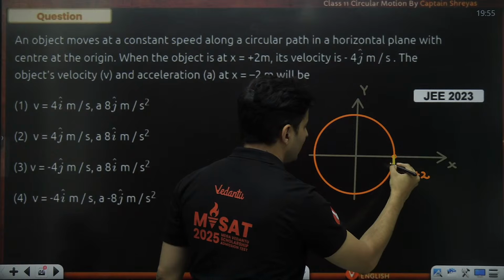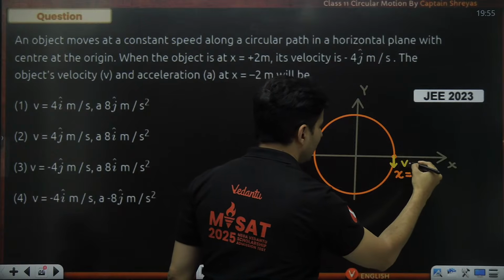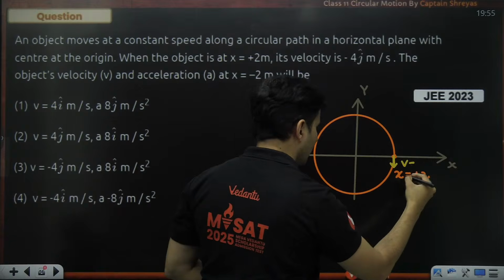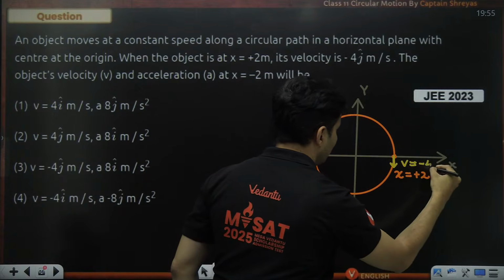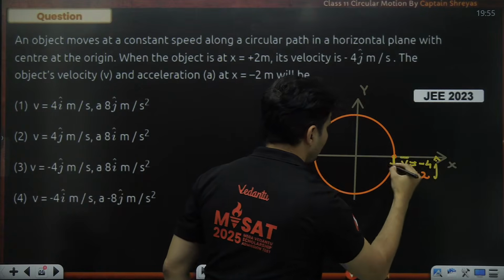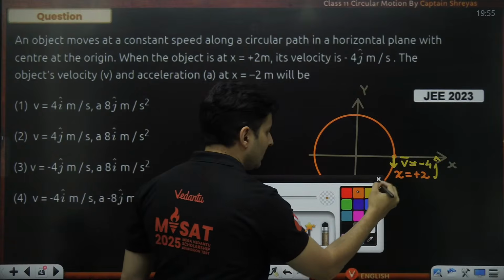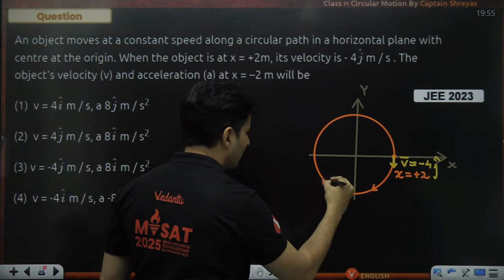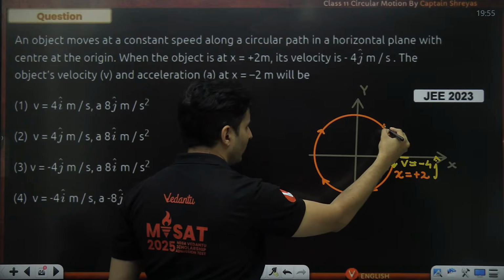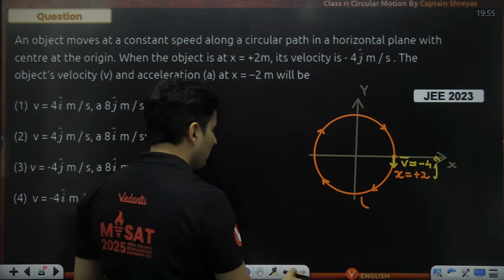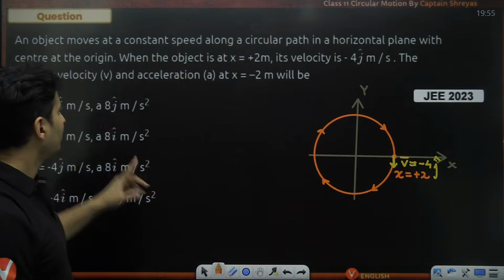That means it is downwards. The velocity is -4 j cap. Okay, it is downwards. That means the circular motion is in this direction, clockwise, not anti-clockwise.